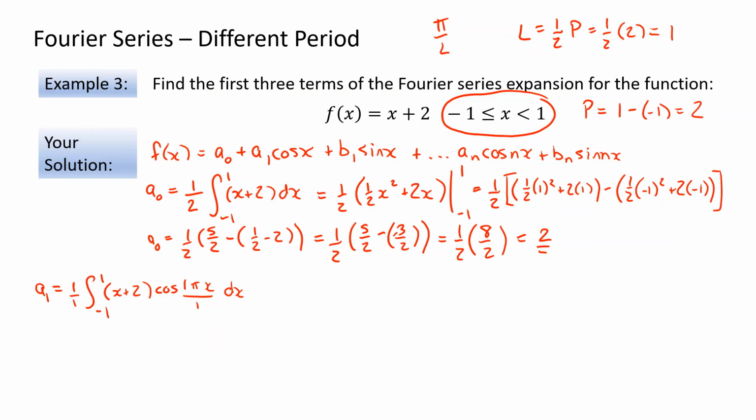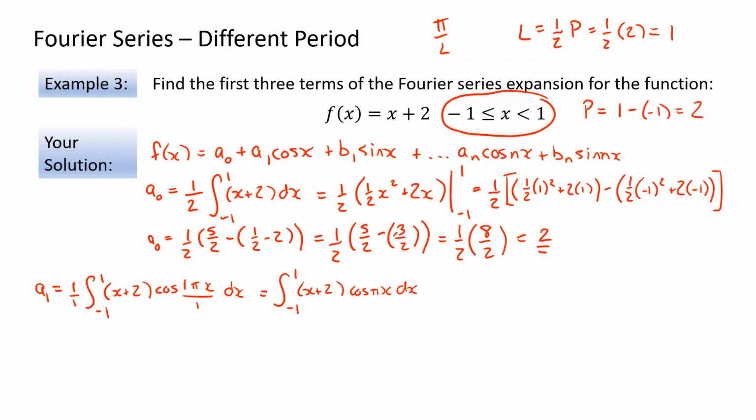Multiplying that out, you get simply 1 over 1 is 1, so we can ignore it. Get the integral from negative 1 to 1 of x plus 2 times the cosine of pi x dx.